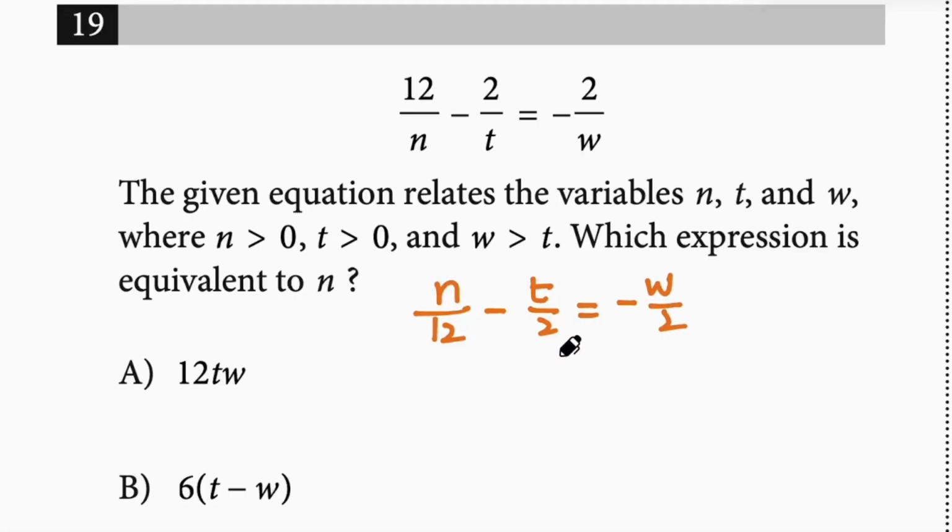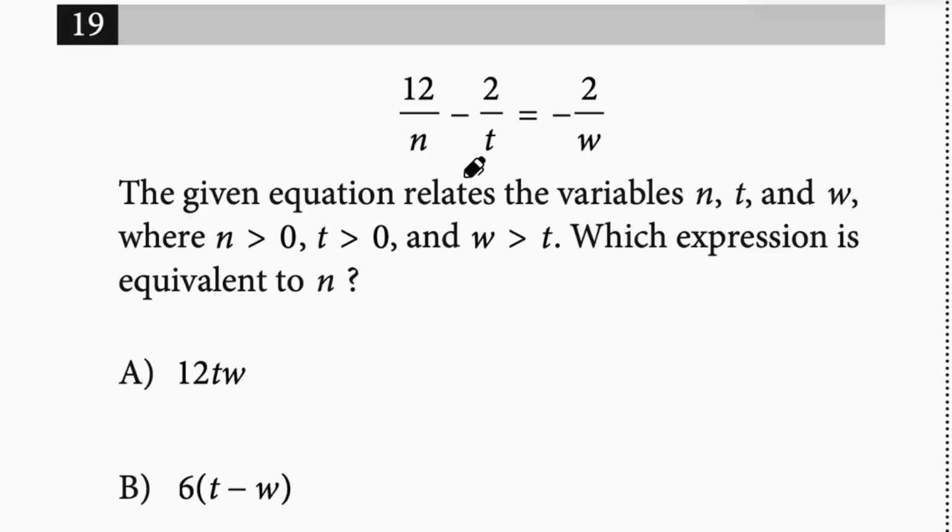We cannot reciprocate if we have two fractions which are added or subtracted. Why not? Again, that is a basic concept. You can take any value of n and t and check. If we need to reciprocate, that should be a single fraction.